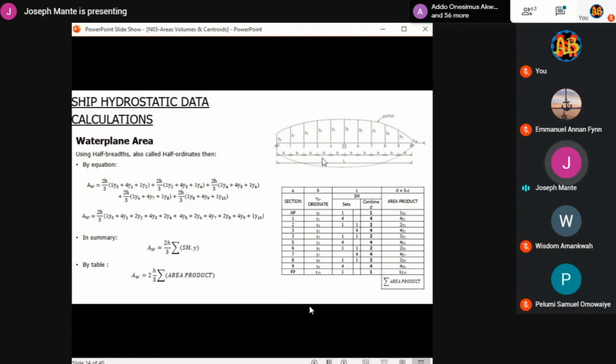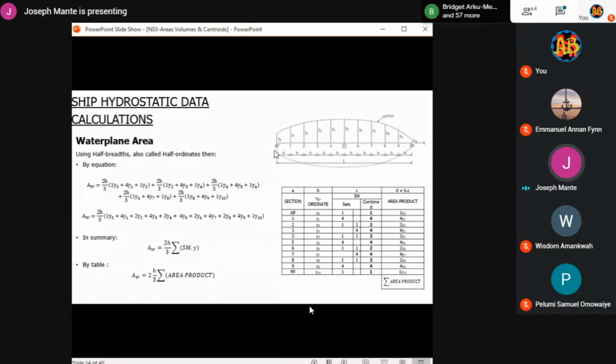So here we are taking half breadth, and when we say half breadth, for instance, you have divided the ship into 2, and we have thrown one away, and we are left with 1. So with this particular diagram, we have the half breadth, that is one end of the ship. So it's not full. And now we have the aft and the midship. So we have our sections: first section, second section, third section, fourth section.